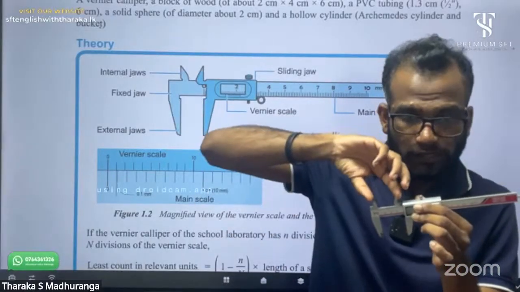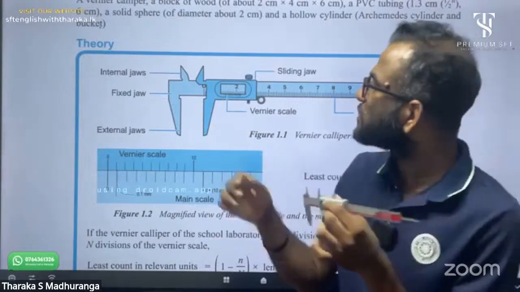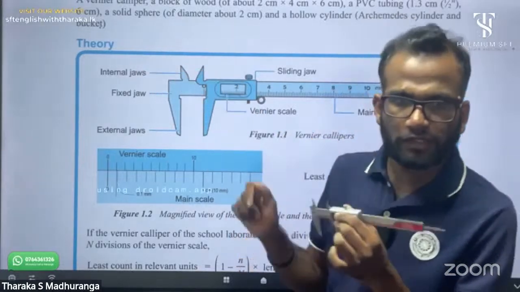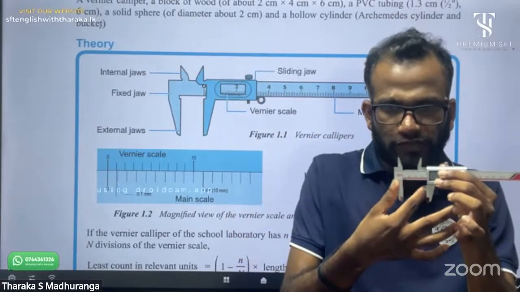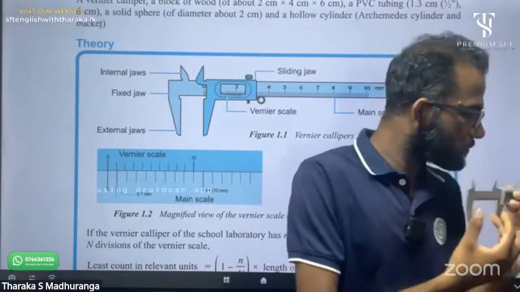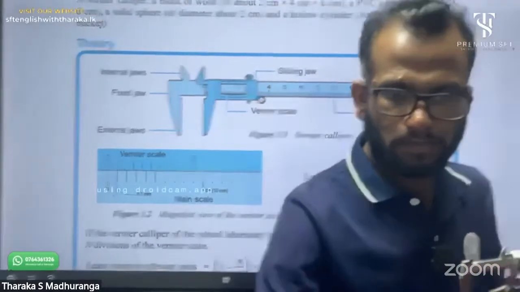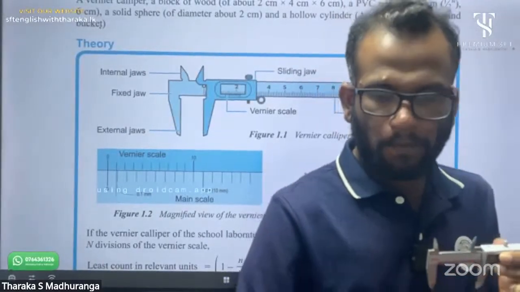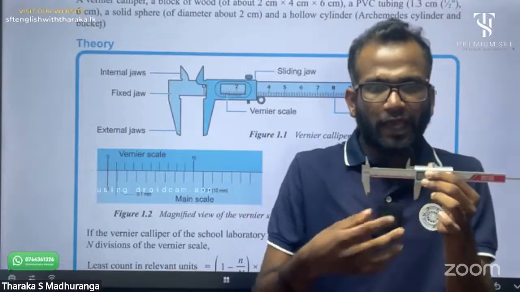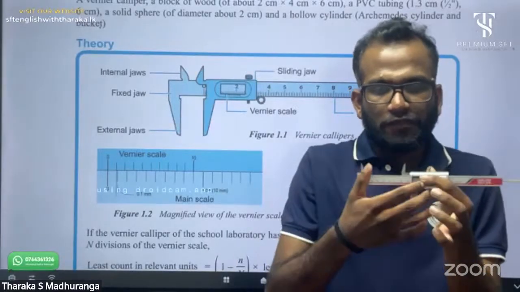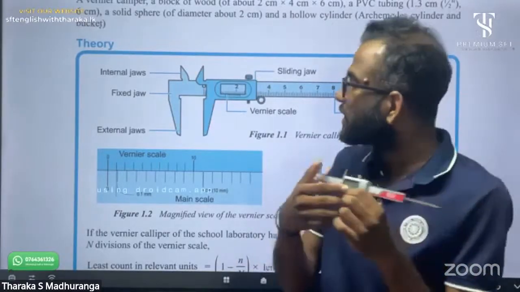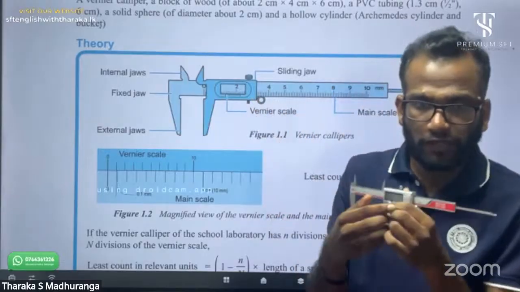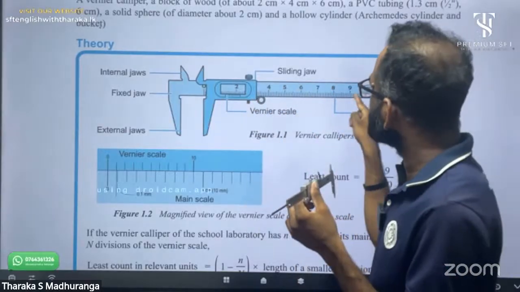They are the internal jaws and the external jaws. And this is the vernier scale, and the main scale.